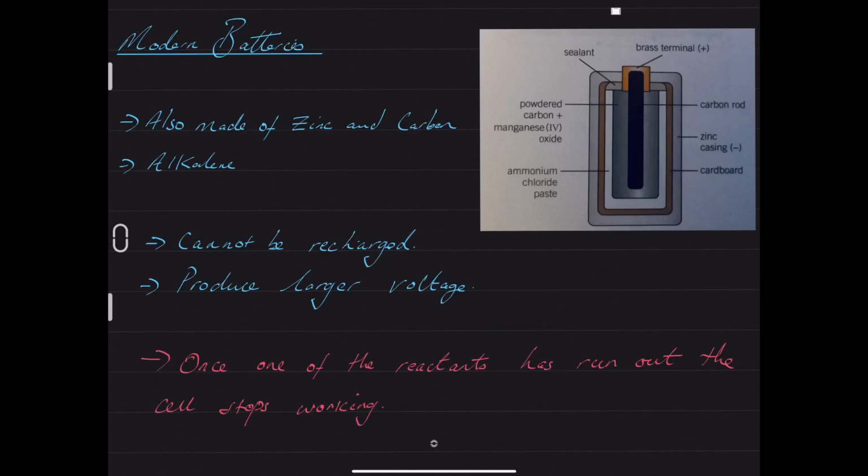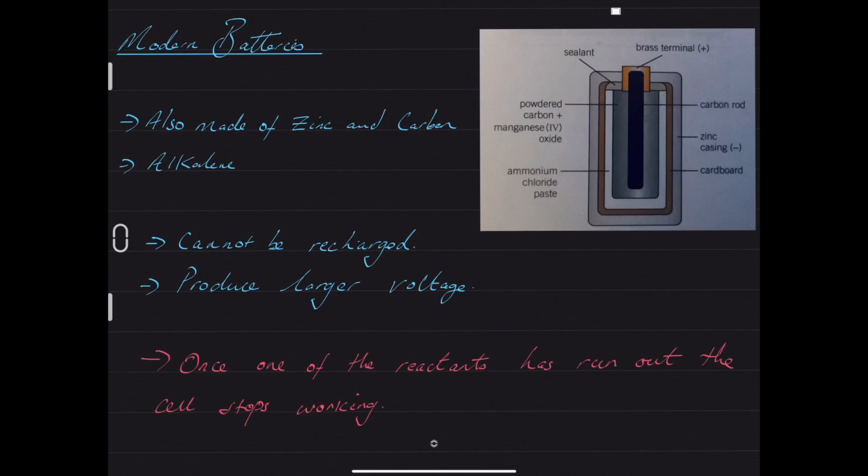And once the reactants have run out in this cell, and you can see the diagram on the screen showing you where the reactants would be, based on our equation before, you should be able to identify the reactants. Once the reactants have run out, the cell stops working, and then you need to dispose of the battery or recycle it.